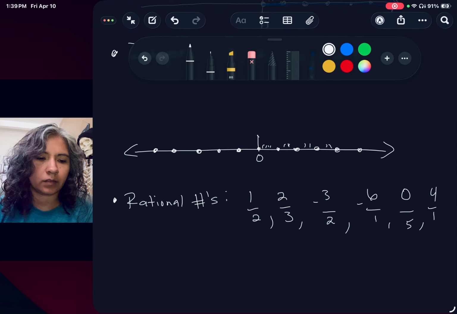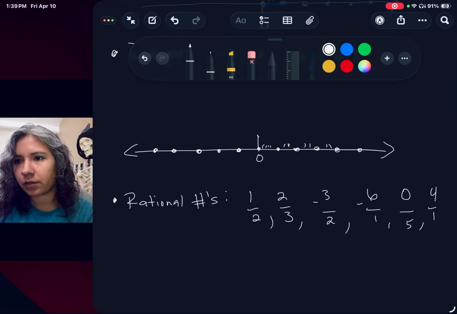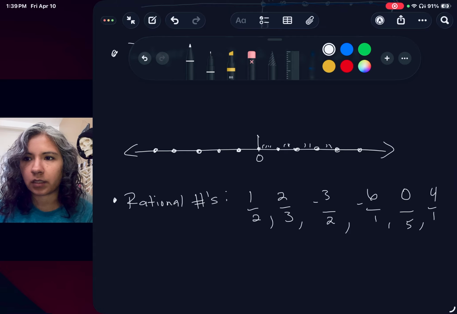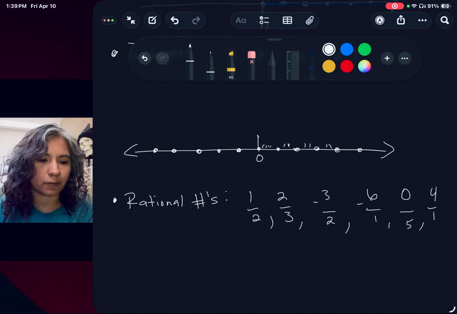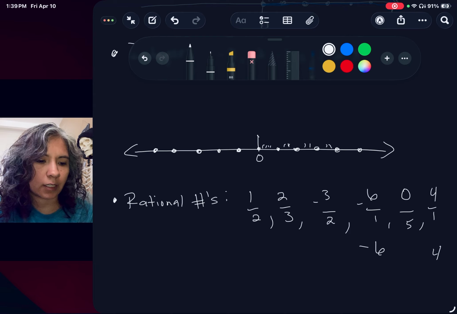Rational numbers include all of the integers because every integer can be written as a ratio or fraction where the denominator is 1. So like this -6/1 is the same as -6, and 4/1 is the same as 4.